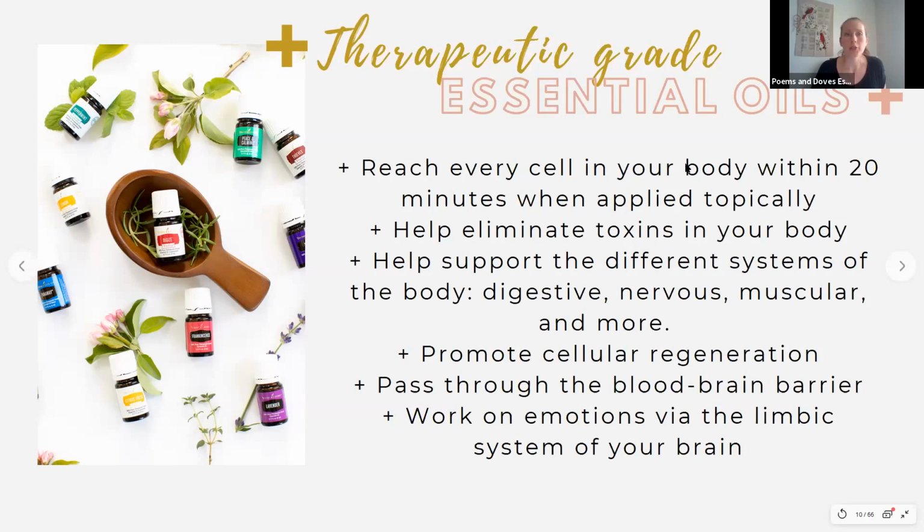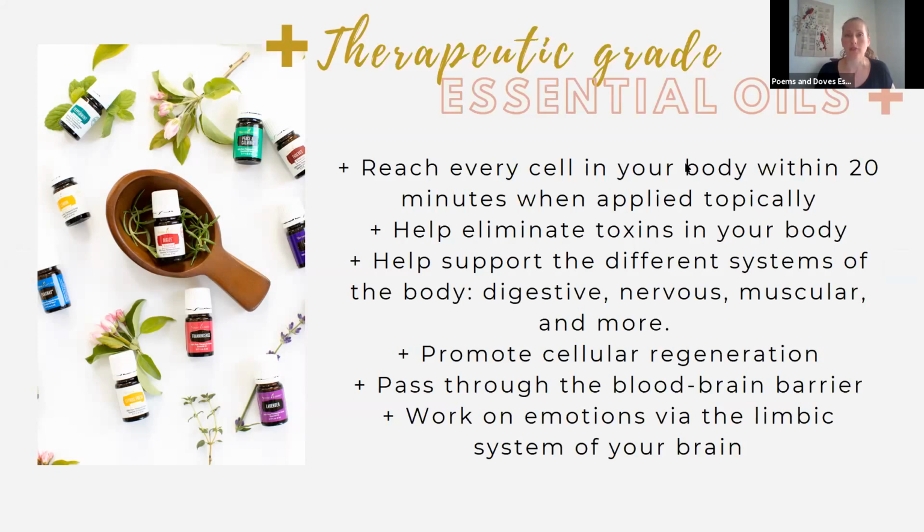Move this over here. So essential oils can reach every cell in your body within 20 minutes when you apply it topically to your skin. That's amazing, every cell in your body. And there's not a lot of other things that can do that. Some other things they can do, they can eliminate toxins from your body.